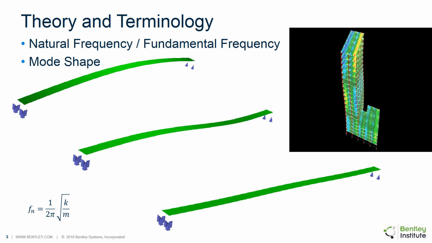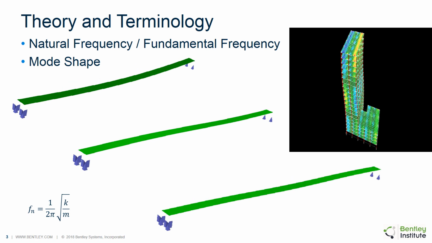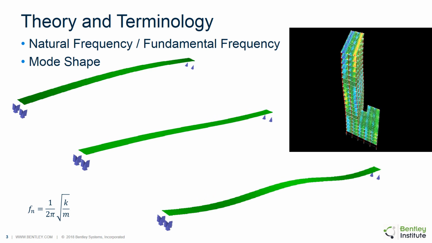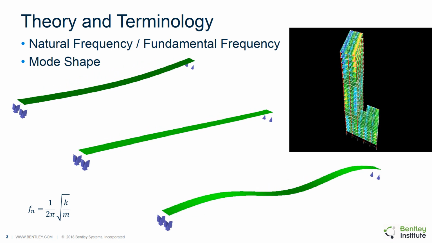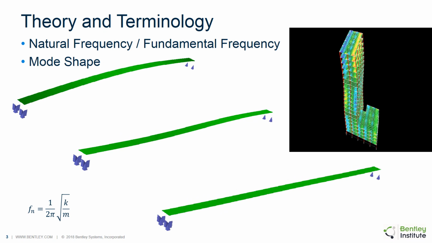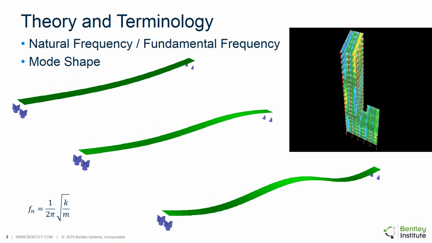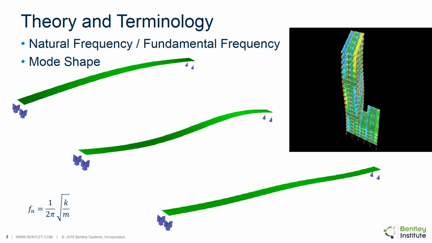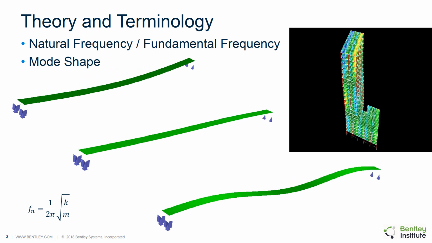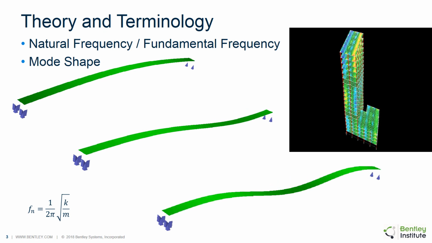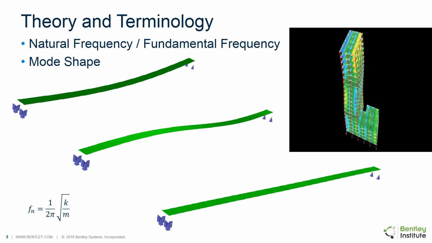Two ways in which mode shapes are typically normalized are unity-based, where the maximum value in the mode shape is set to be equal to 1, and mass normalization, where the mode shapes are normalized in such a way that the mass matrix entries are all equal to 1.